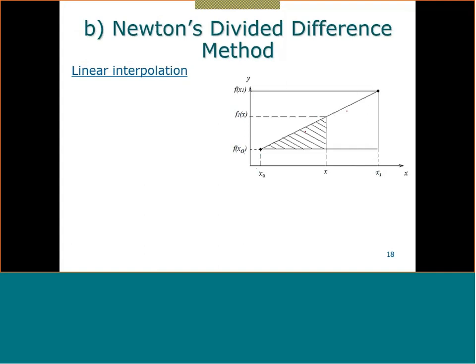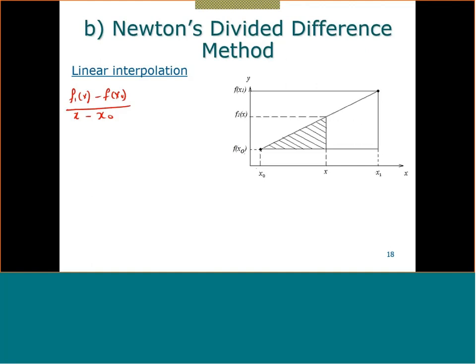So if I look at the small triangle, which is this one, okay, so f1 of x minus f of x0, divided by x minus x0, this divided by this is equal to the total length of the bigger triangle divided by this.